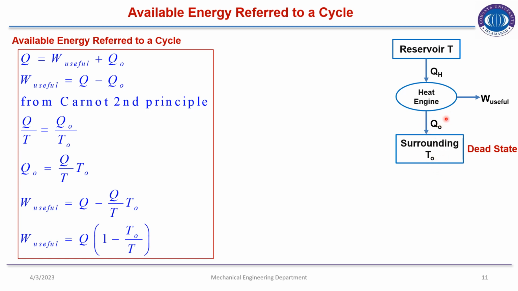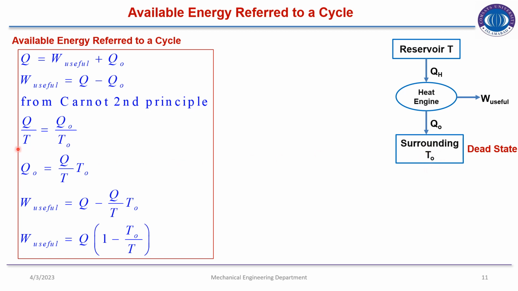The ratio of heat coming out of the reservoir divided by the temperature of the reservoir is the same as the ratio of heat absorbed by the low temperature reservoir divided by the temperature of the low temperature reservoir.